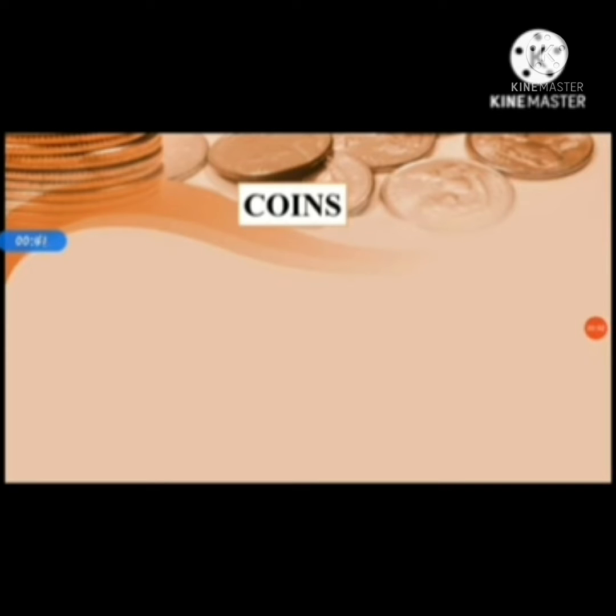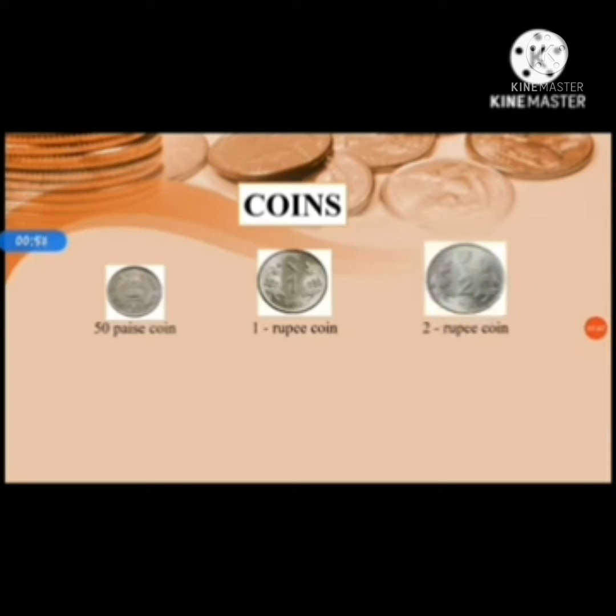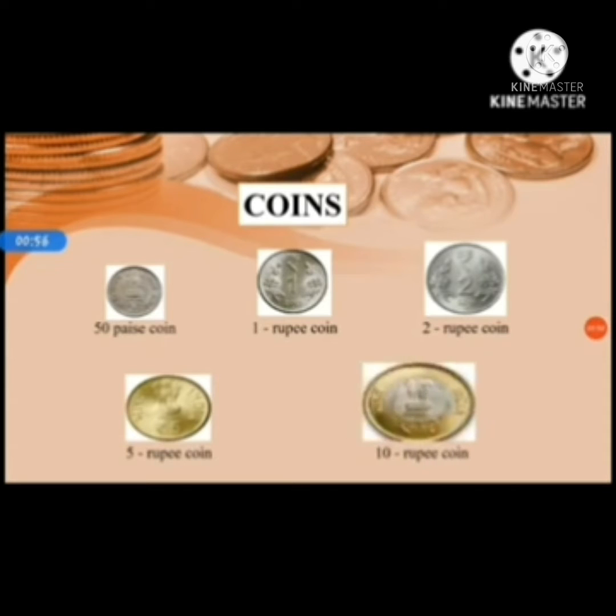Now, how many coins have you seen? Regularly you are seeing 50 paise coin, 1 rupee coin, 2 rupee coin, 5 rupee coins and 10 rupee coins. Okay. See, these are the coins that you have seen.